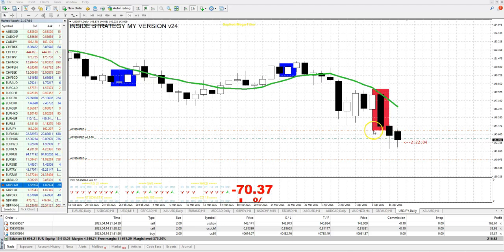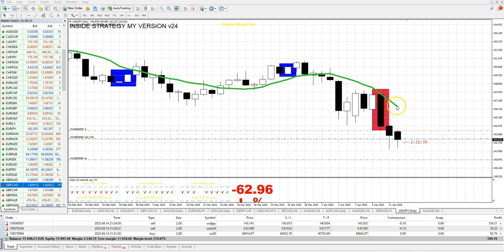So the limits of the box borders are here and it breaks out. The second condition is that the price is under this moving average. And third is my famous strength indicator, which should be, in my opinion, 60 or more. Then you will enter the trade.